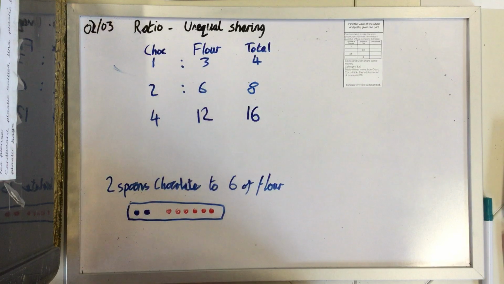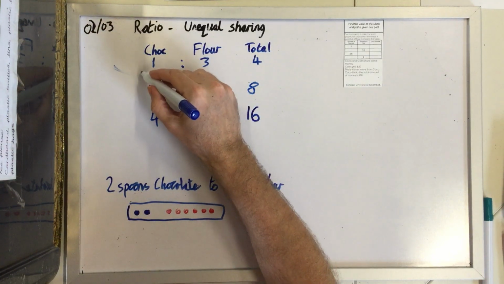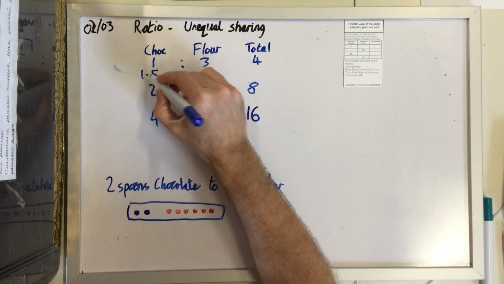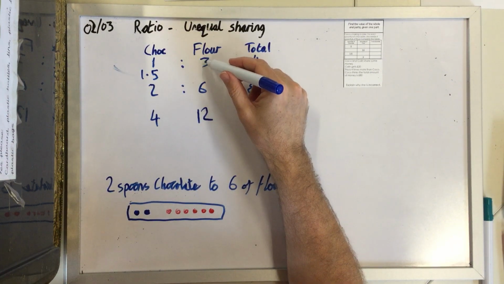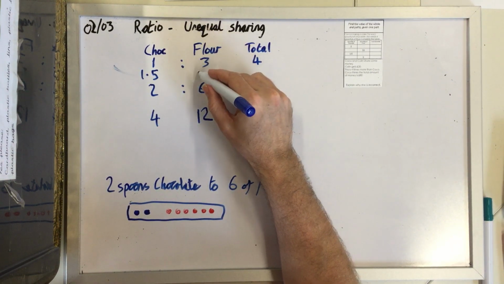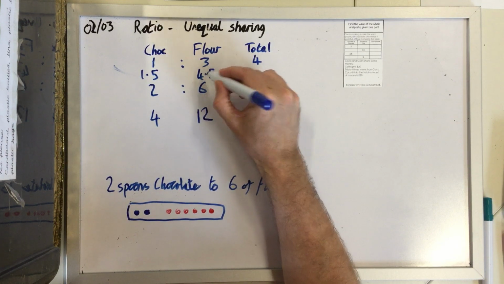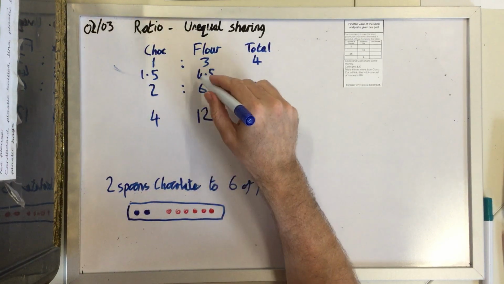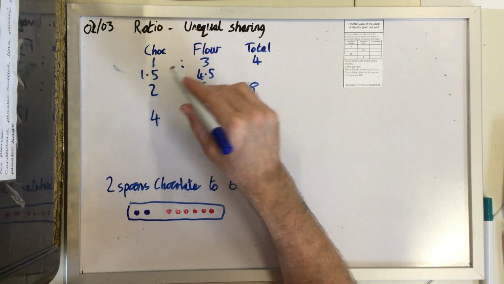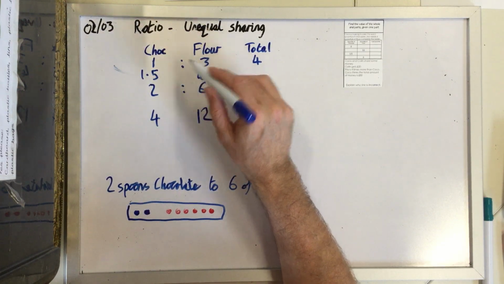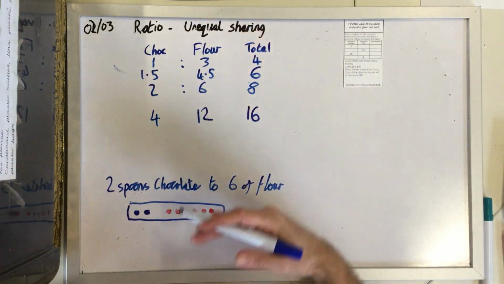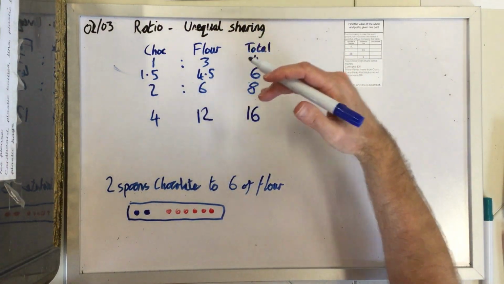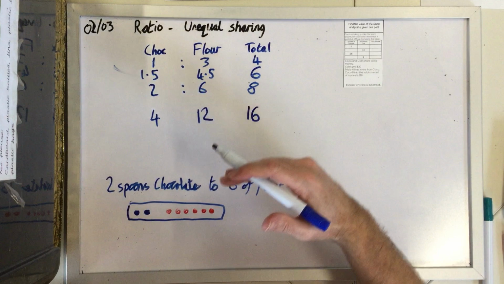So halfway, 1.5, and 1.5 halfway between 3 and 6 is 4.5. If we add those together, 4 add 1 is 5, 0.5 add 0.5 is 1, so 6. And you can see we're halfway in between there.